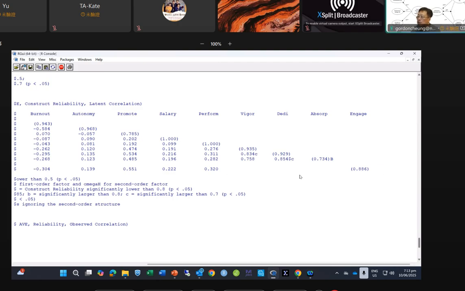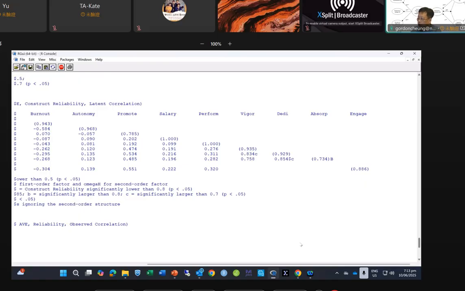Most of the reliabilities are good, but for the single item factors, do you notice salary and performance? Okay, they have a reliability of 1 because we fixed them. We only have one issue of reliability here, for absorption. Okay, the first order dimension, absorption, has a construct reliability of 0.734.